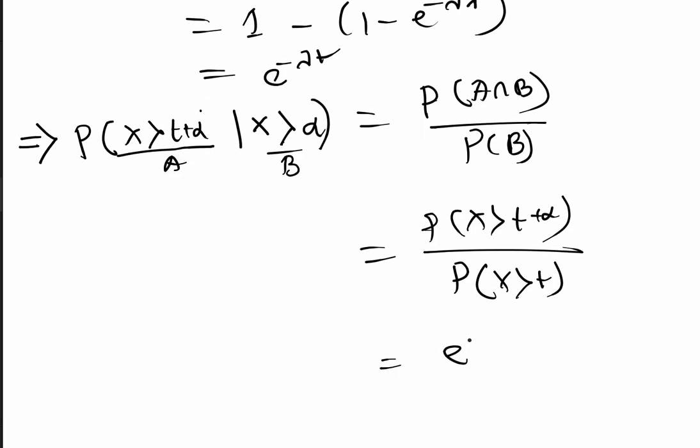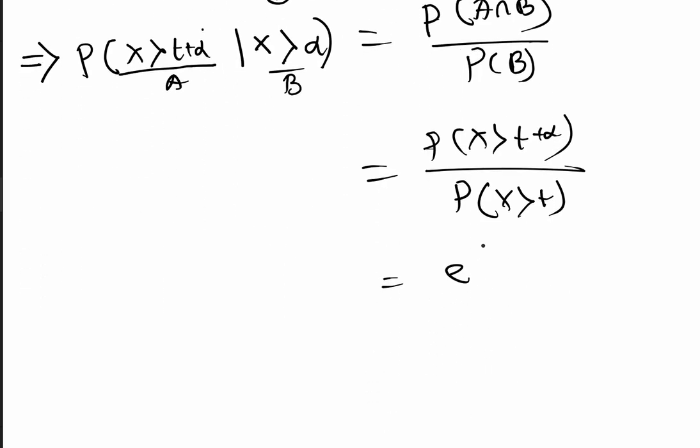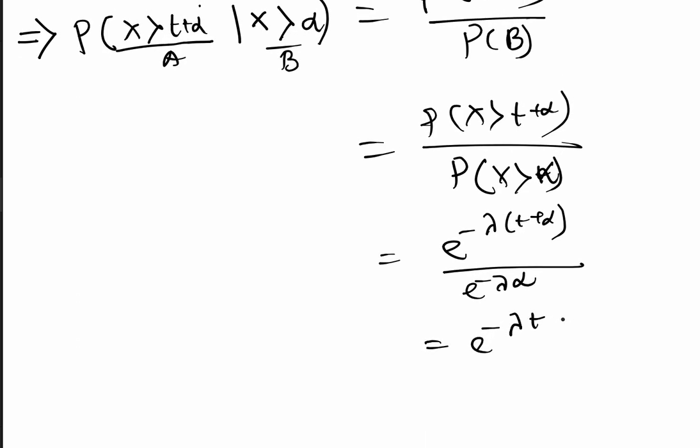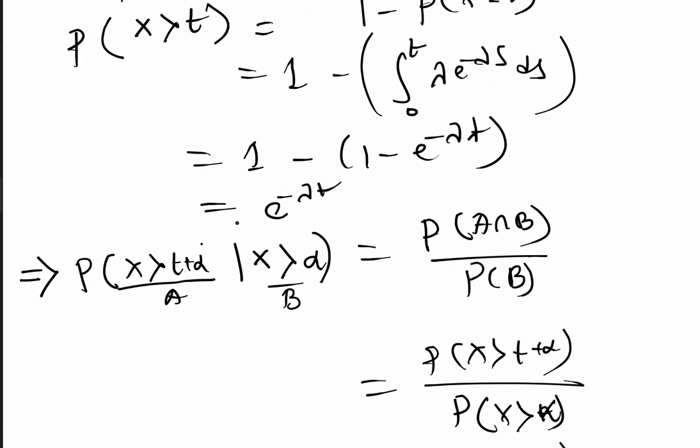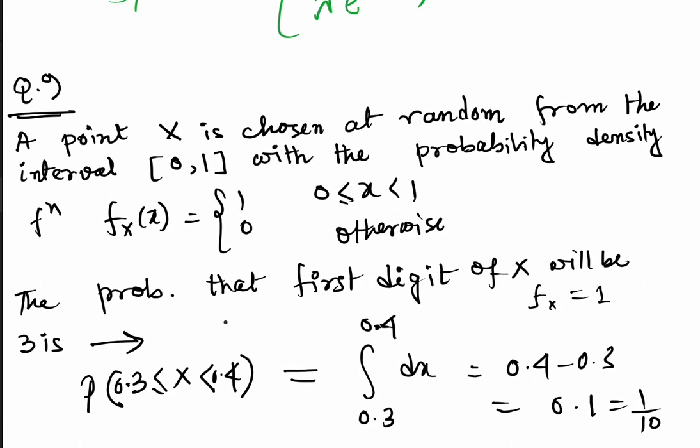This is e to the power minus lambda times t plus alpha, divided by e to the power minus lambda t, which gives e to the power minus lambda alpha, which is P(x greater than alpha). So it doesn't matter from where we started; only the difference between the initial and final stage matters. That means it has lost its memory. This is called the memoryless property. So the exponential distribution has the memoryless property.